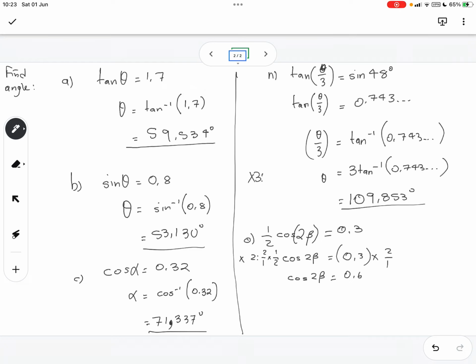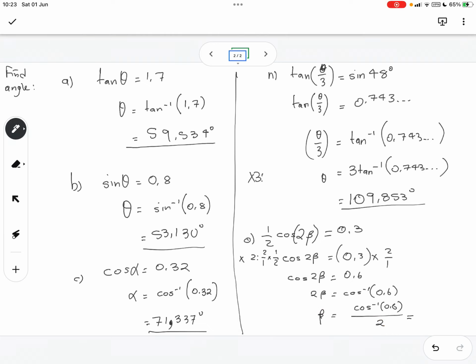Yeah, one. So now we have 2 times beta equals the arc cos of 0.6, and beta then becomes the arc cos of 0.6 divided by 2, because whatever value I'm going to get here, I'll still need to divide by 2 so that I get the value of beta.